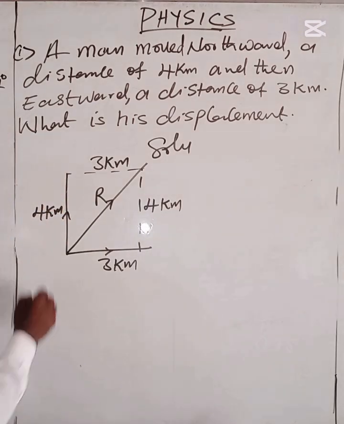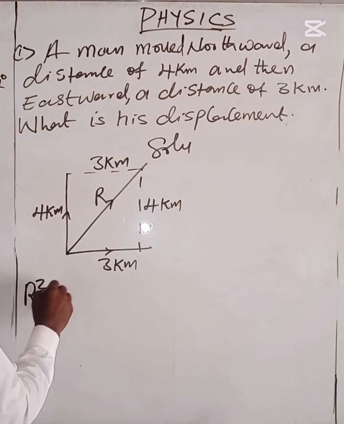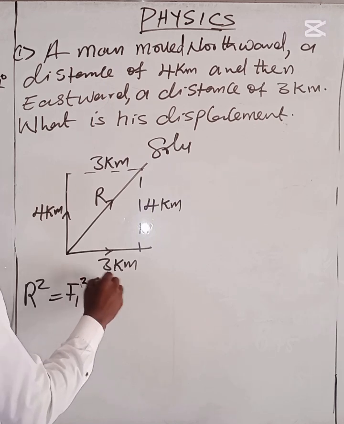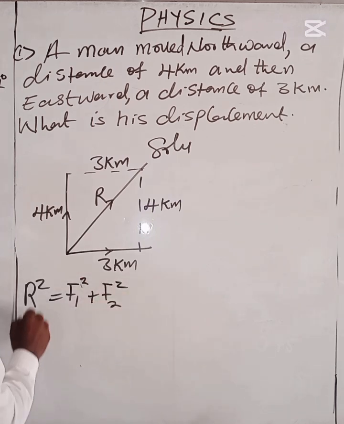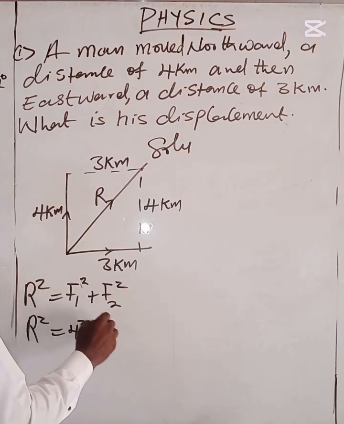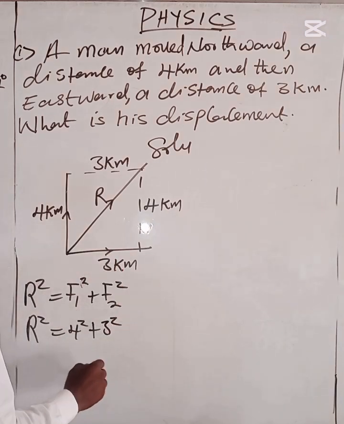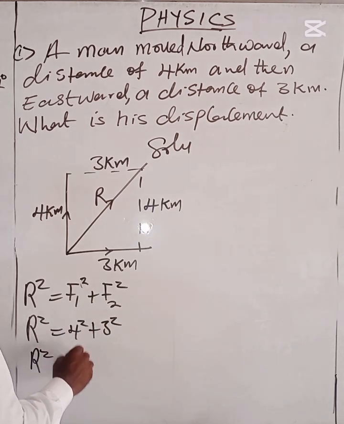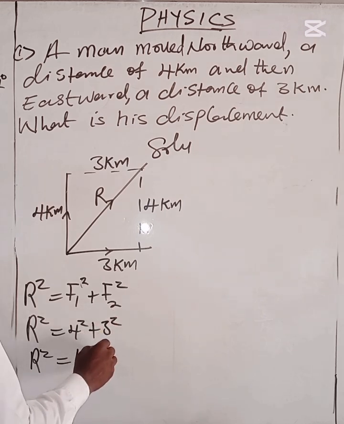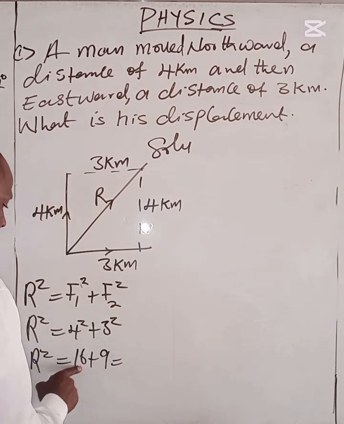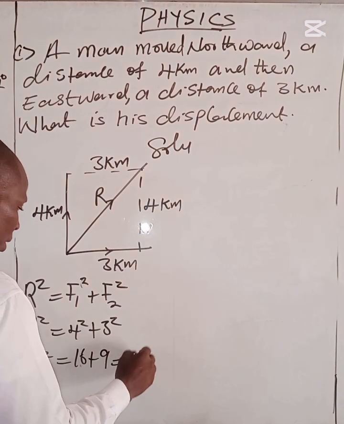All right, so using our Pythagoras, we are going to say R squared equals F1 squared plus F2 squared. R squared then becomes F1, 4 squared, plus F2, 3 squared. So this is going to give us R squared equals 4 squared, which is 16, plus 3 squared, which is 9. 16 plus 9 is going to give us 25.